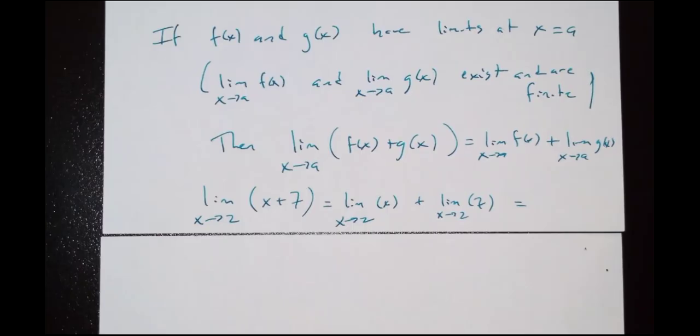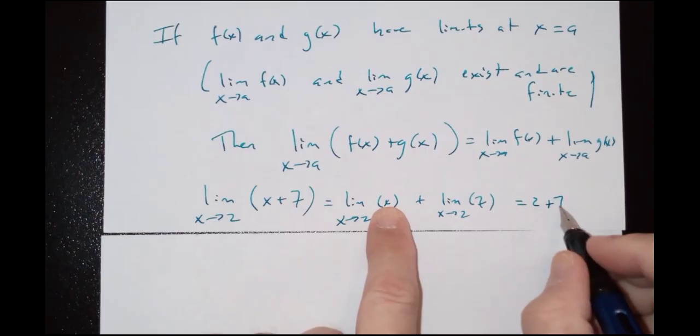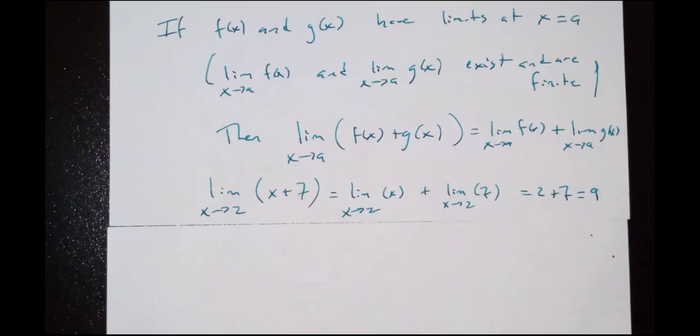Exactly. As x gets closer and closer to 2, x gets closer and closer to 2. The 7 doesn't change, so I get 9. If it works for adding, it'll work exactly the same way for subtracting.